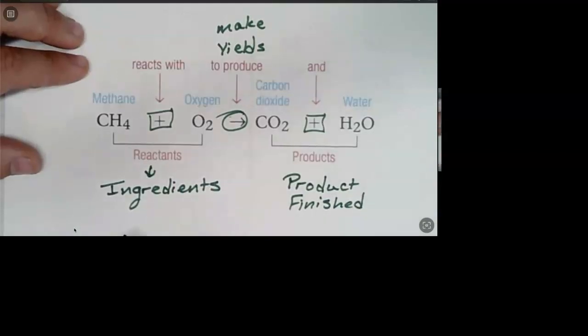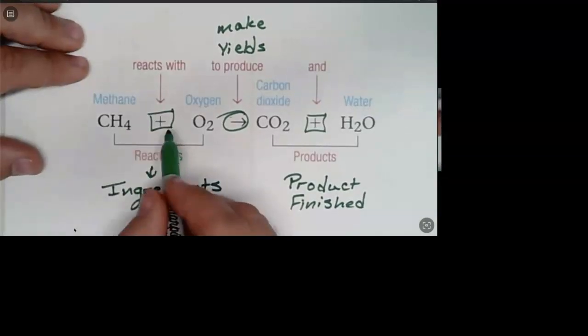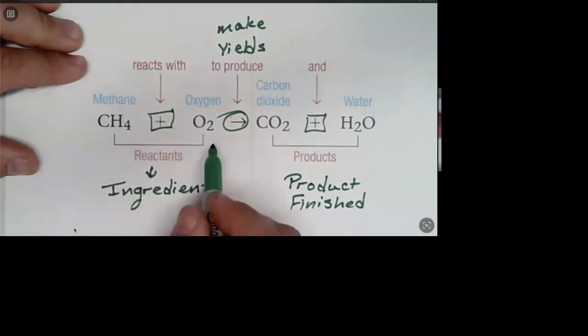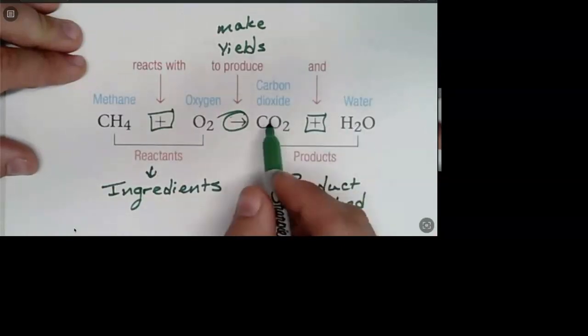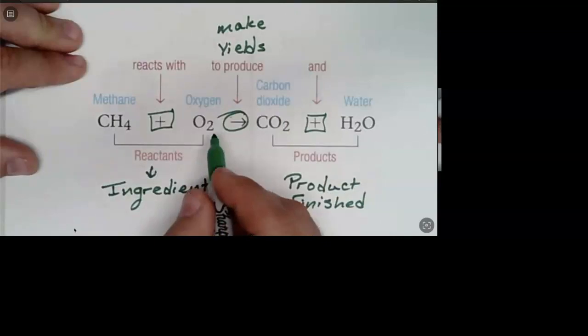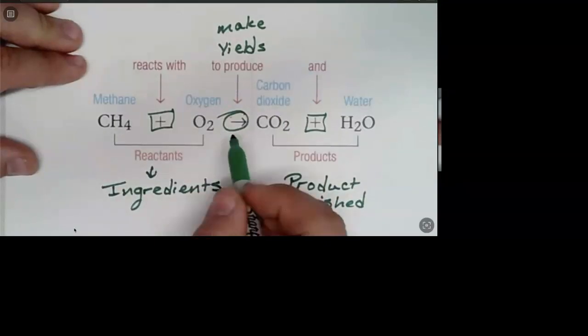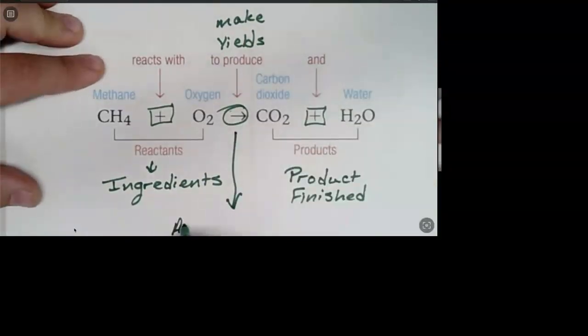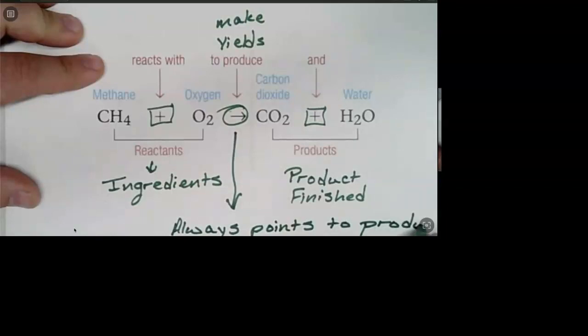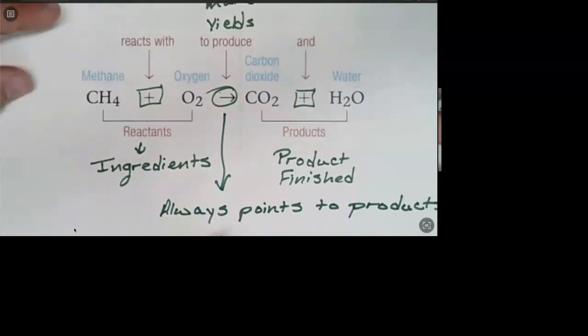This little plus sign implies that these two things are reacting together. This plus sign over here implies that these things are both created here. The yields arrow always points to the products. There are some weird looking yields arrows, but we're not going to get into those.